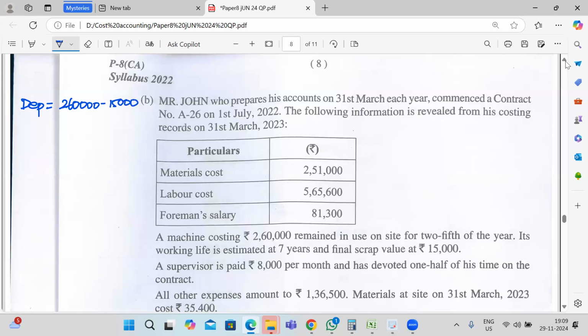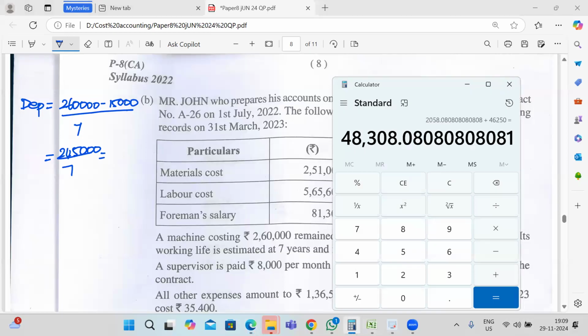So I will be getting 2,45,000 divided by 7 years. 2,45,000 divided by 7, I will be getting 35,000 only.